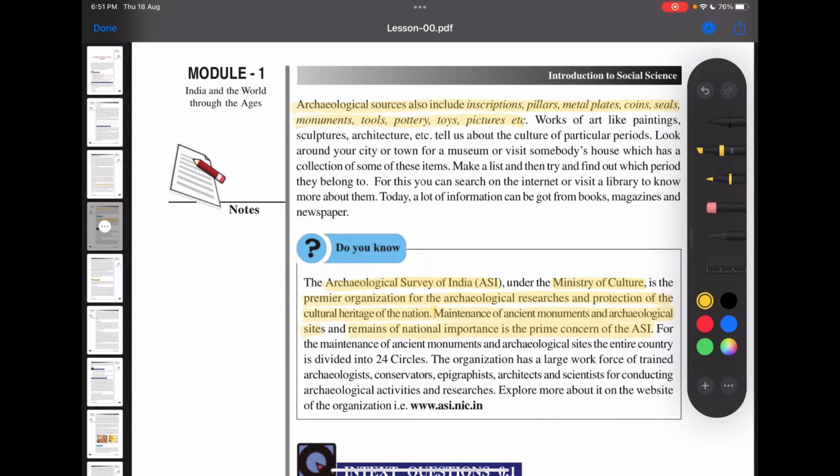For this, the entire country is divided into 24 circles. The organization has a large workforce of trained archaeologists, conservators, epigraphists, architects, and scientists for conducting archaeological activities and research. Explore more about it on the website of the organization, www.asi.nic.in.